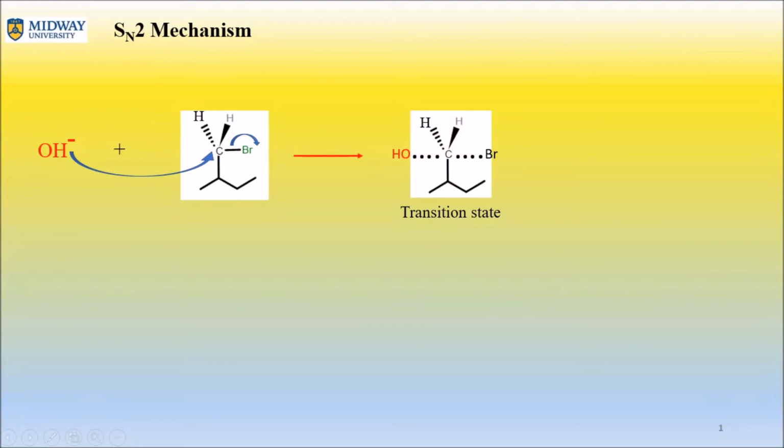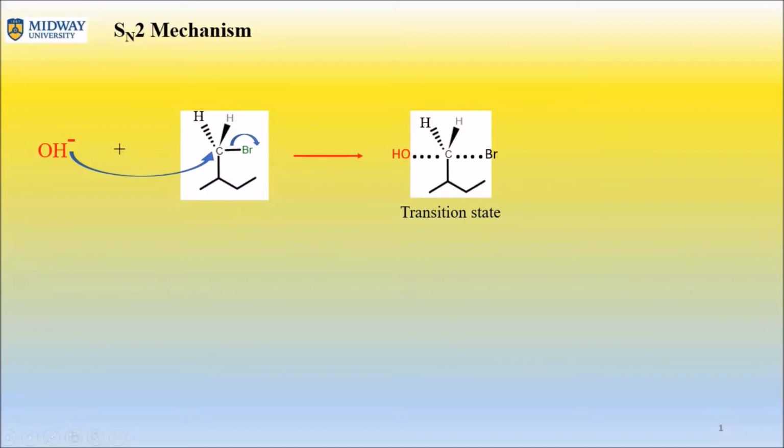But just because all reactions involve a transition state does not mean all reactions would have an intermediate. Now, Sn2 reactions, because they are concerted, that is, bond breakage and bond formation happen at the same time, do not have an intermediate.